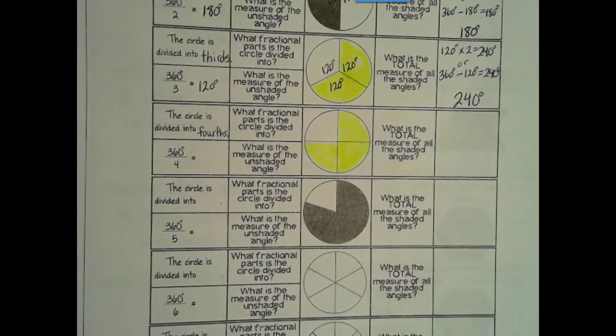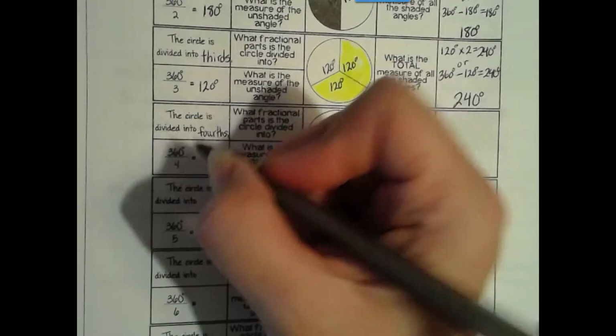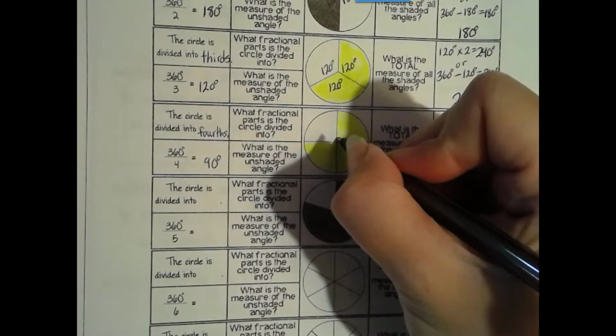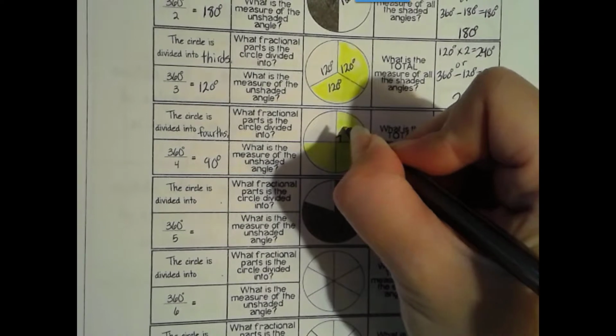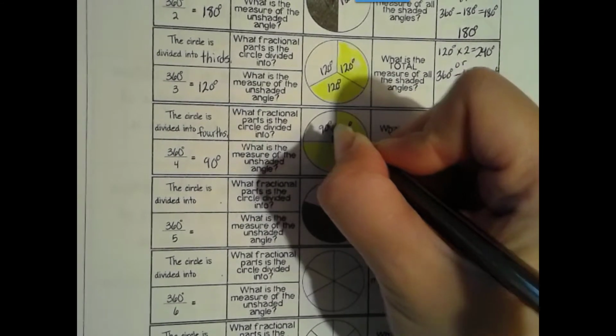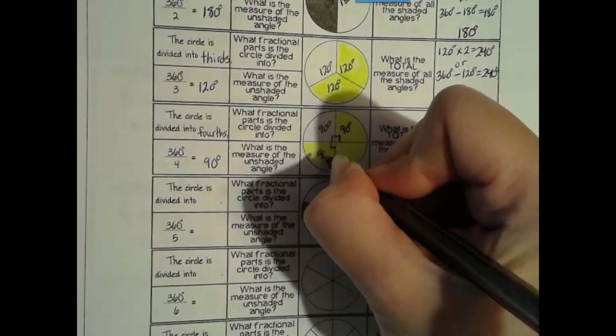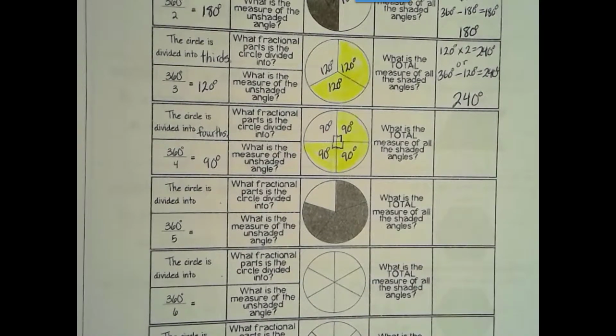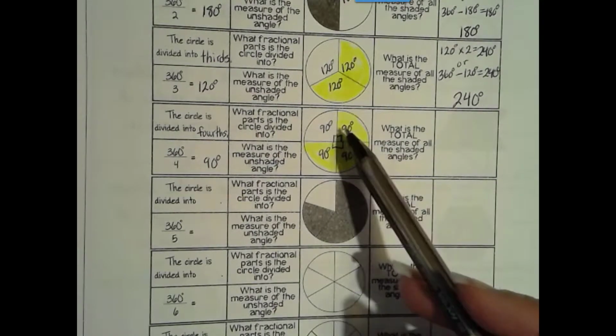So 360 divided into fourths or quarters is 90 degrees each, because if you look, that's that square angle right there. 90 degrees, 90 degrees, 90 degrees, 90 degrees. So the unshaded is 90.